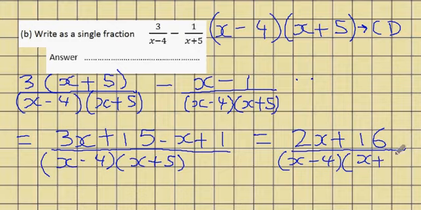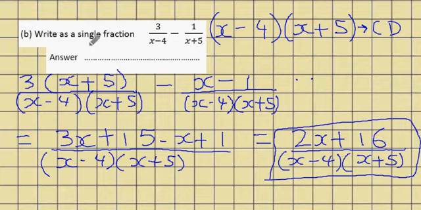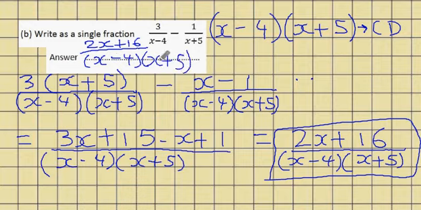You get a common denominator and then you combine the numerators by adding or subtracting, whichever it is. And so this here is my final answer. So you write this in the box when you're finished. 2x plus 16 all over x minus 4 times x plus 5.